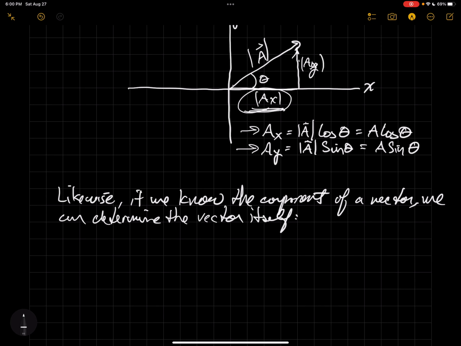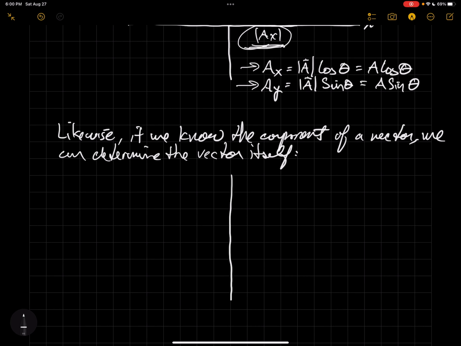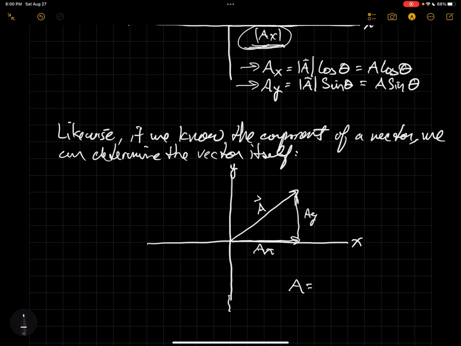So again, if we draw our little diagram, our coordinate plane, and suppose this is vector A, that which we want to find, and we know magnitude AY and magnitude AX, then we can say that the magnitude of A is equal to the square root, again using Pythagorean's theorem, of component AX squared plus component AY squared.